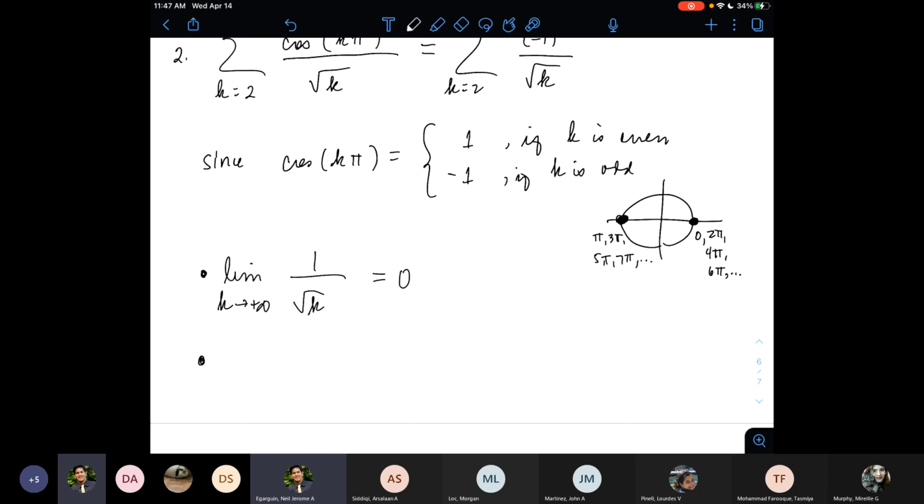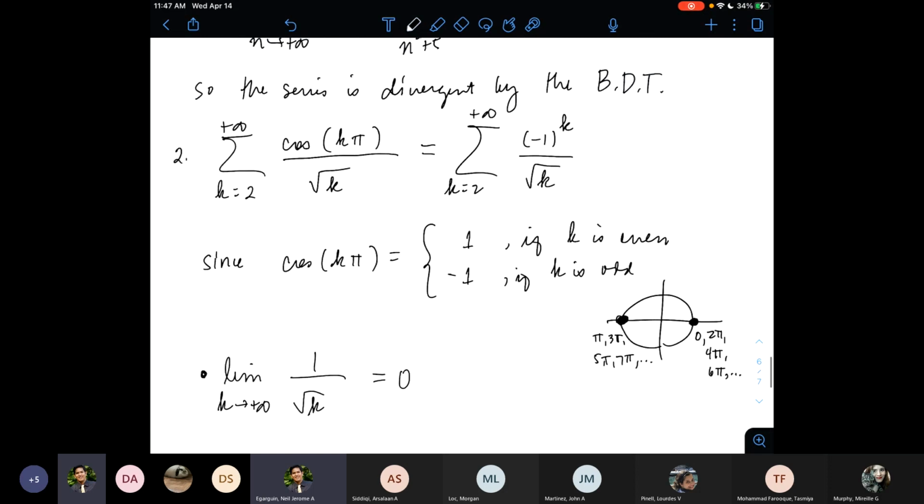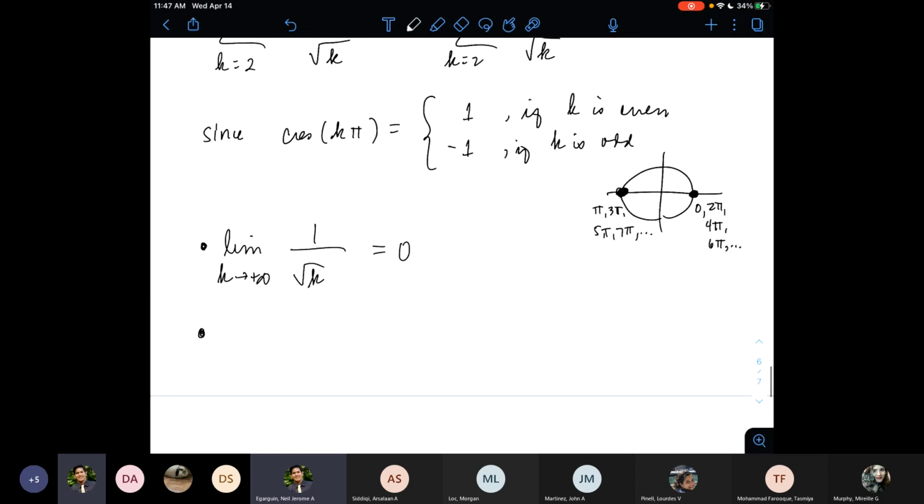I guess that's obvious. And then let's check if it's decreasing, right? So note that 1 over root k is decreasing. And I guess no questions asked about that because it's obvious, because the denominator increases, right?